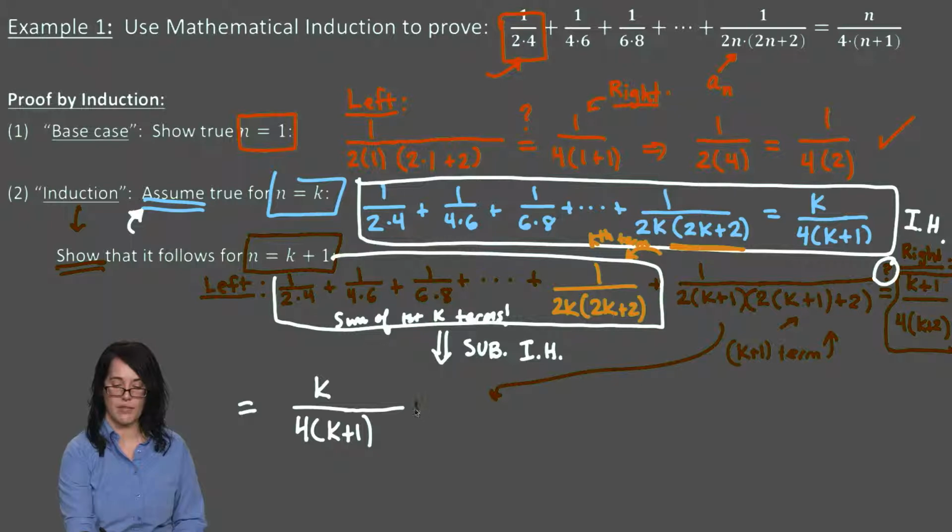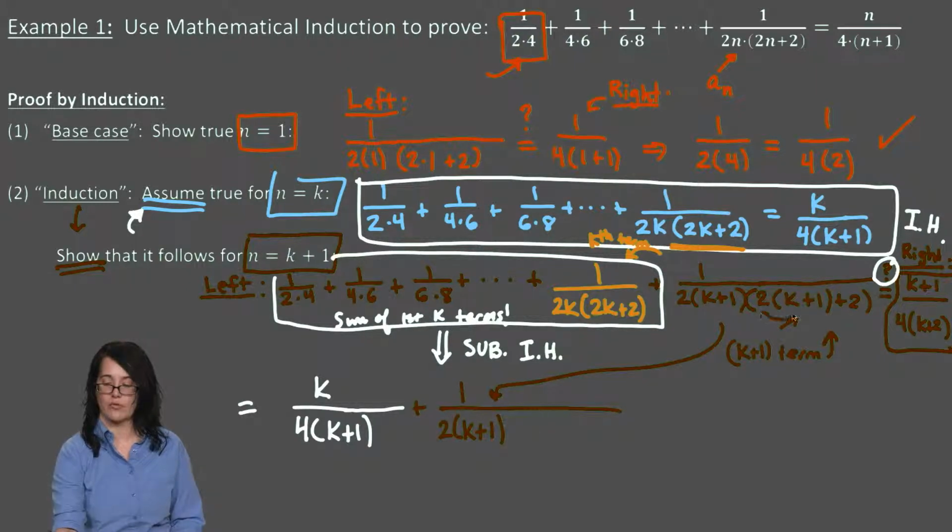That would be plus 1 over, let's see if we can clean it up a little bit. So I had 2 times (k plus 1) in the denominator. But if I were to distribute and combine like terms, we'd have 2k plus 2 plus another 2. Well, that's 2k plus 4, isn't it? And there's a little bit more algebra that we can do to make this easier for ourselves. For example, do you see a common factor in the two terms 2k and 4?